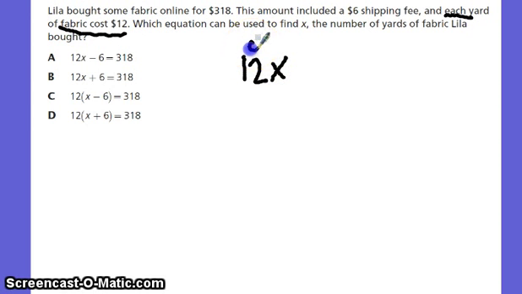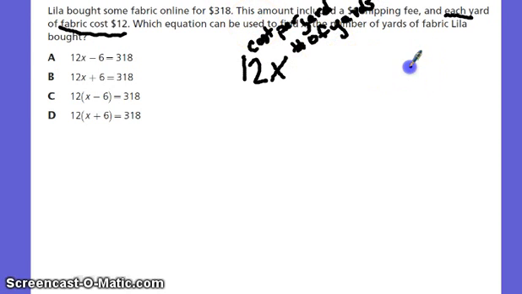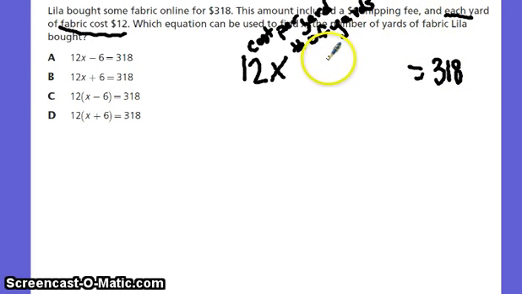So cost per yard, and the X is representing the number of yards. And she spent $318 total, and it included a $6 shipping fee. So that's in addition to, that's on top of however much she paid for the fabric itself.